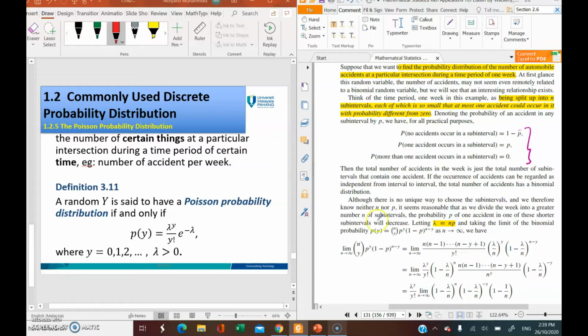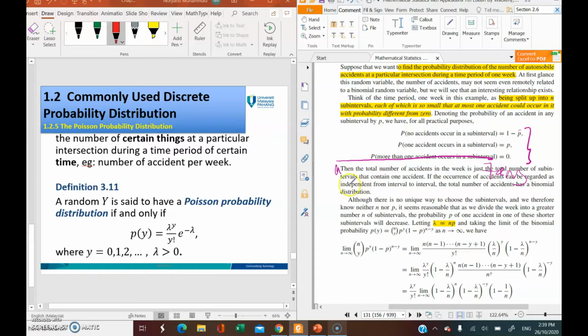So therefore, neither n nor p is unique. It seems reasonable that we divide the week into a greater number n. We have 1 week, we have 7 days, first day until the 7th day. But within these 7 days there are sub-intervals: 1 minute, 1 second, 1 hour, 1 day, and so on.